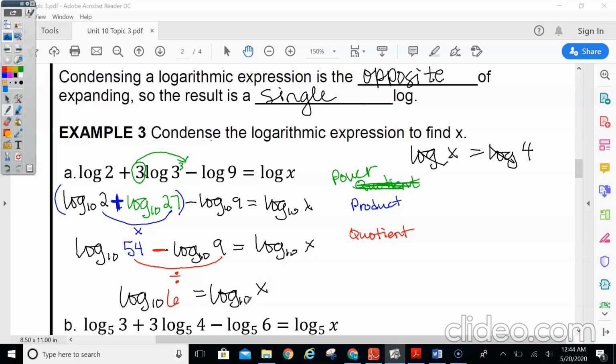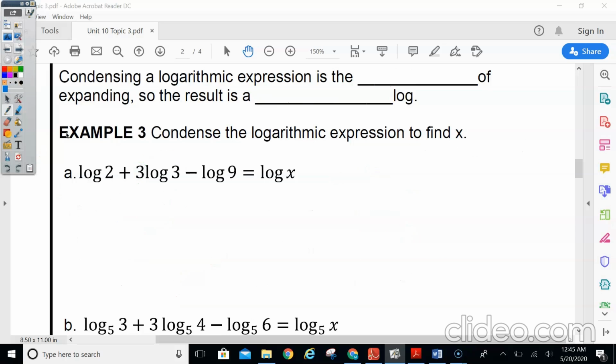So now, since they're the same, we can cancel them out and say x is 6. But you can only do that when you have a single log on both sides. You cannot cancel out before that. Okay, so this is the whole point of being able to expand it so that we can go backwards and condense it to solve.